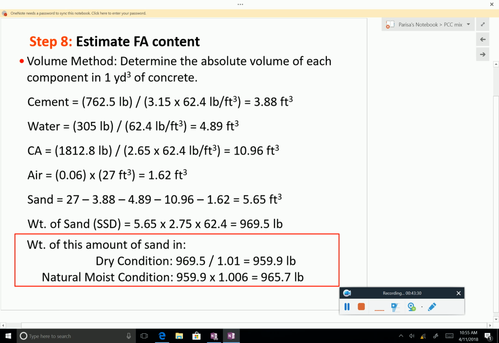And once you have that, then just like before, you have to go from SSD to dry condition, 1%, and to natural moist condition, based on the moisture content that you were given before. You need to be very comfortable with these calculations that you regularly do. And remember, I was emphasizing that because you need it.